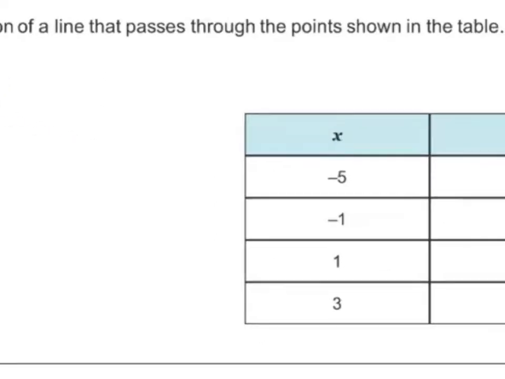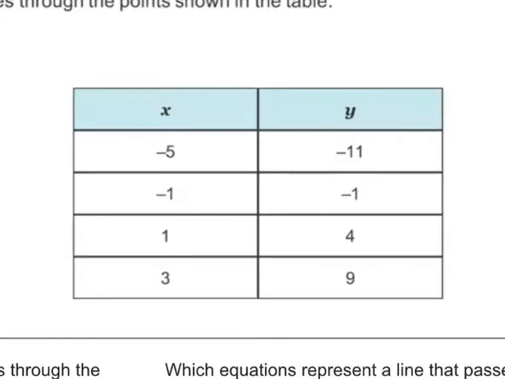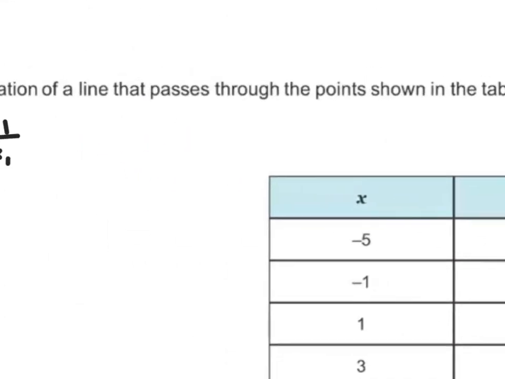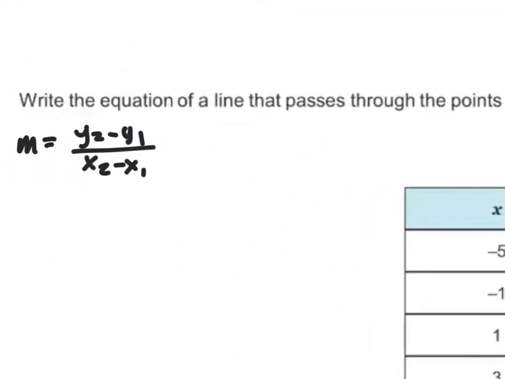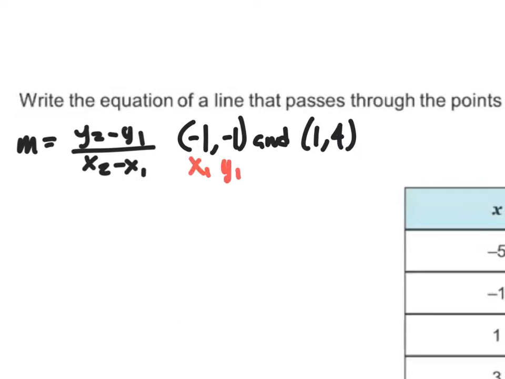Basically, I'm just going to choose 2 points here. I'm going to choose -1, -1, and then 1, 4. I'm going to call this x sub 1, y sub 1, and this x sub 2, y sub 2.